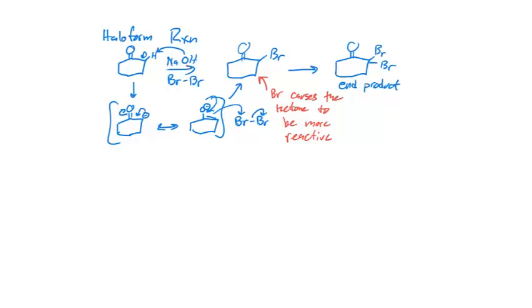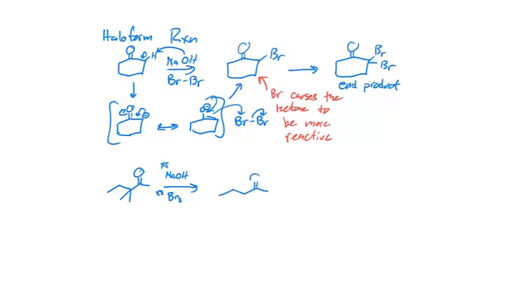But it can be a useful reaction if we have a methyl ketone. So let me draw that. Let's say I have a methyl ketone, and in this case I want to have no alpha hydrogens on the other side. What's going to happen here is that we mix it with NaOH and Br2, and really it's going to be an excess of both of these.